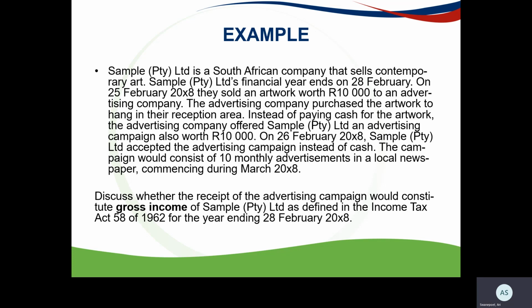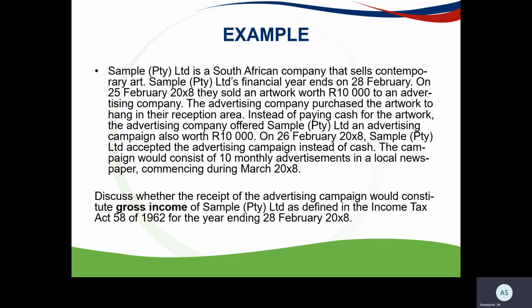And instead of paying cash for the artwork, the advertising company offered Sample an advertising campaign that's also worth 10,000 Rand. And on 26 February, Sample accepted the advertising campaign instead of cash. So this is otherwise. And the campaign would consist of 10 monthly advertisements in a local newspaper commencing during March. So that would commence during the following tax year.